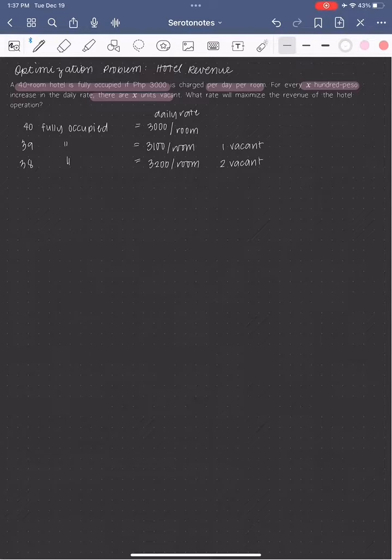And we're looking for the daily rate that will maximize the revenue of the hotel operation. We know that the revenue is just the total earnings from all the occupied rooms. So that will be just the daily rate times the number of rooms that are occupied.